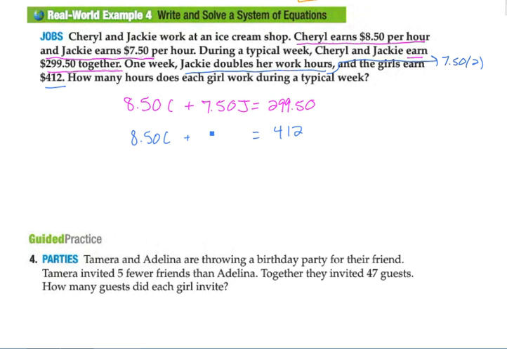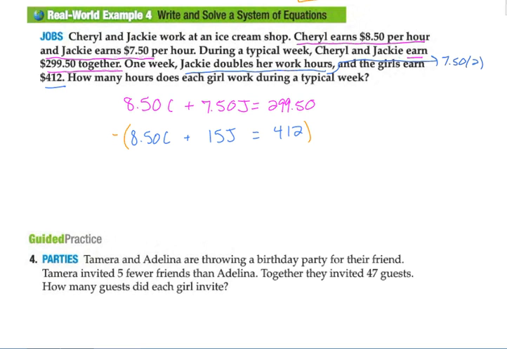So it looks like she actually is getting 15 times her day. Okay, now how many hours does each girl work during a typical week? Looks like we can go ahead and set these equal to each other and solve. The only problem is, look at this. Cheryl did earn the same amount each time, but we need to have an opposite on there. So before I do anything, looks like we're going to have to distribute a negative through all of these.